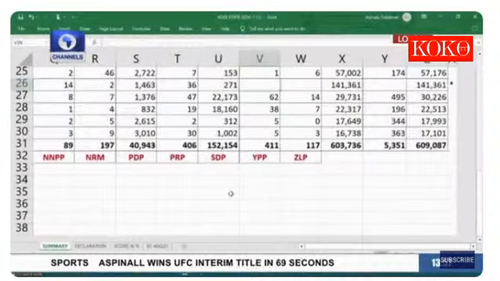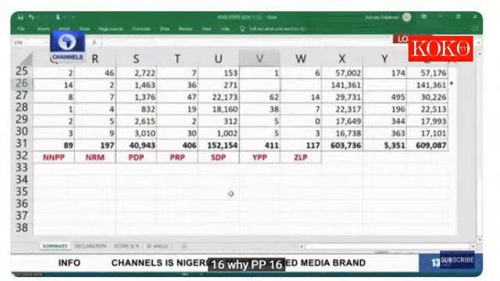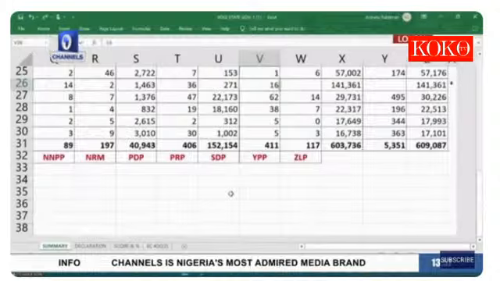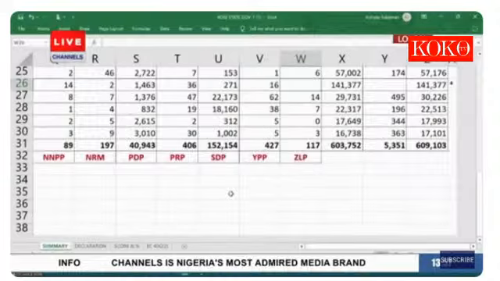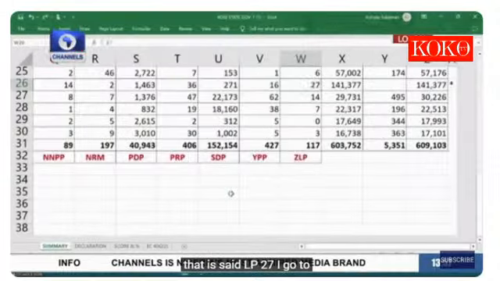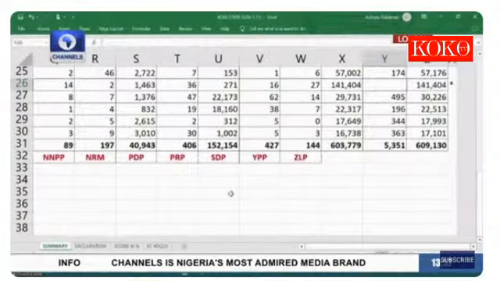Party YPP 16. Party ZLP 27. I go to summaries.